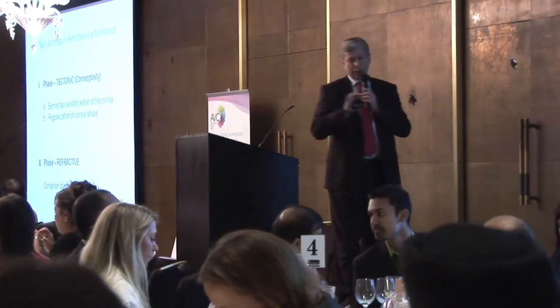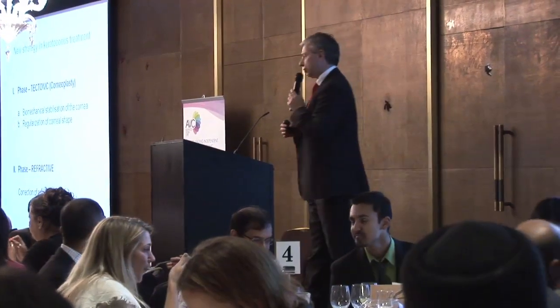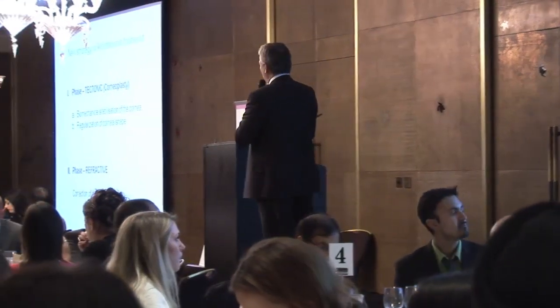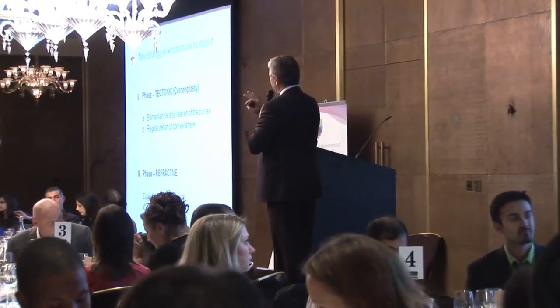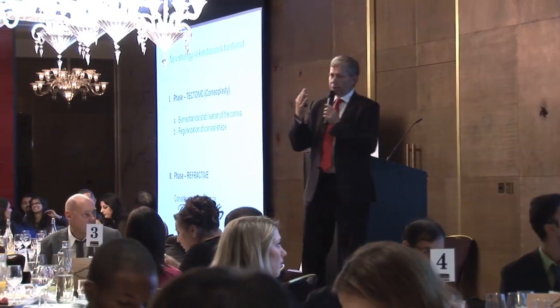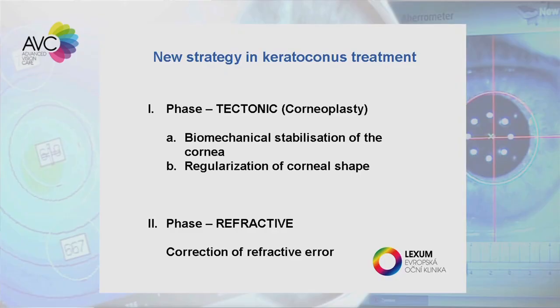So, talking about the new strategy in the treatment of keratoconus, I divided this strategy into two phases. The first one is the tectonic phase, or we can call it corneoplasty. We want to do biomechanical stabilization of the cornea. This is the first step.